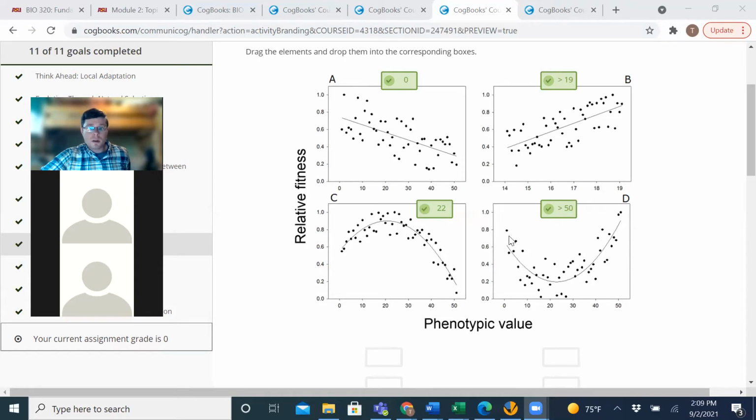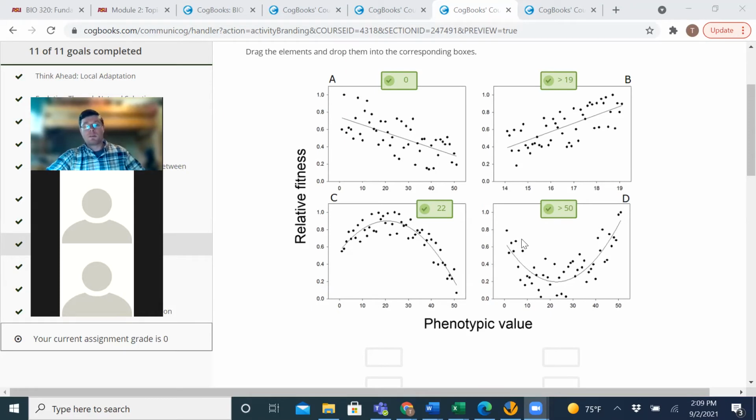I wouldn't say either, because this one's asking what phenotypic value gives the greatest relative fitness. This point, I would argue, is maybe the third or fourth highest point. So from the data we have, there is greater fitness over here than this. So if you said it would be 0, you would technically be wrong in this instance, right?